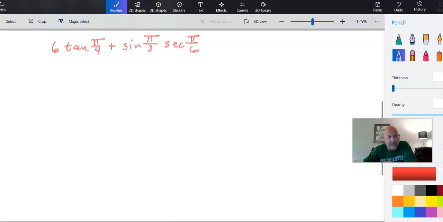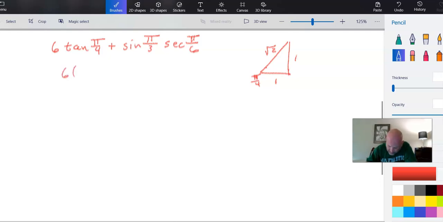Now, I would strongly recommend sketching out the triangles when you deal with this stuff. I have pi over 4, right? So if I do 1, 1, root 2, and that's my pi over 4. Tangent of pi over 4 is going to be 1 over 1. So this thing is just 1.